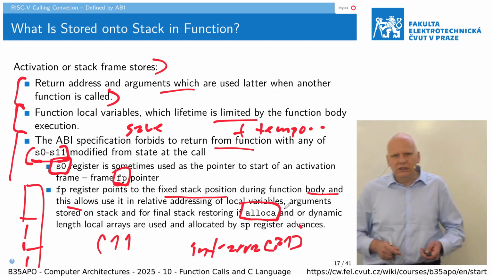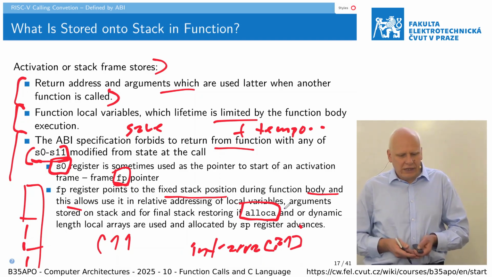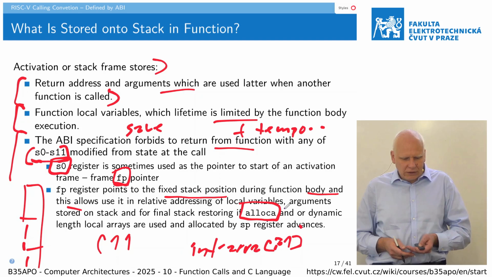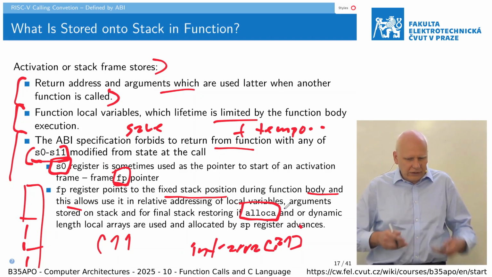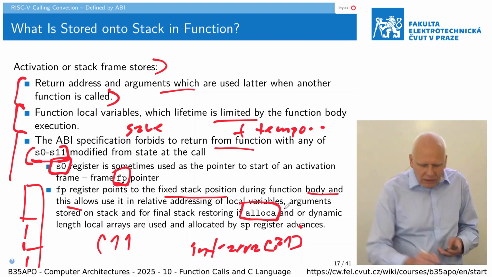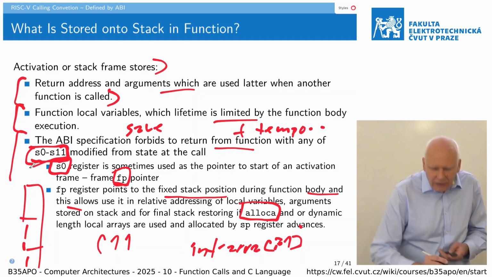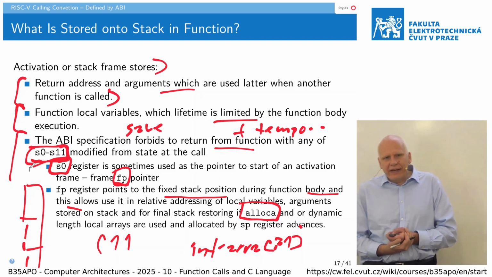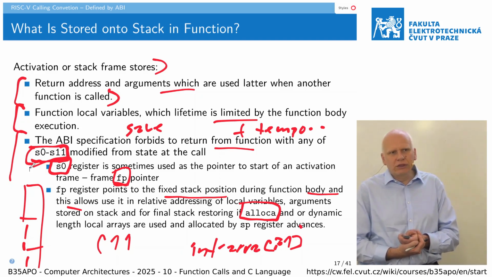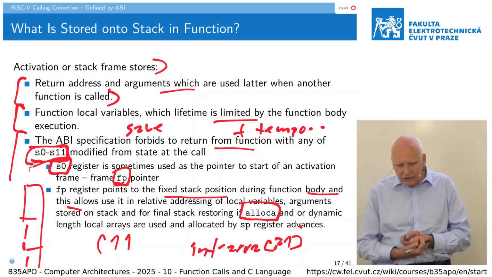So in this case, you allocate the array which is allocated on the stack. Those S registers are different with respect to the A and temporary registers.